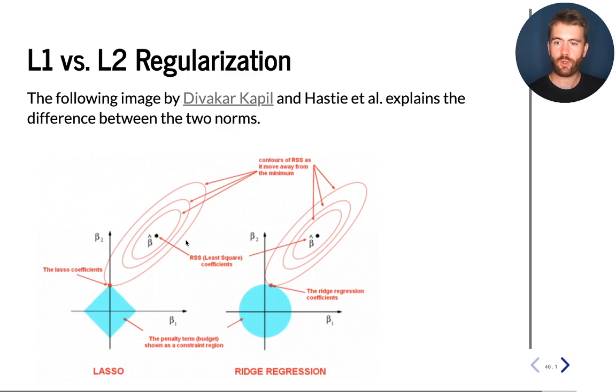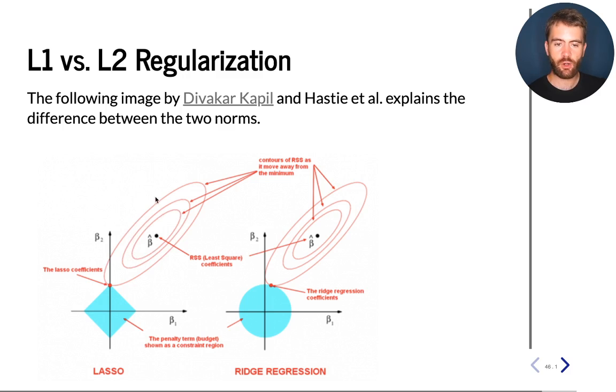The mean squared error is a quadratic function, and as we saw earlier, the level curves, which are the set of beta for which the objective function takes the same value, take the form of ellipses as you see here.